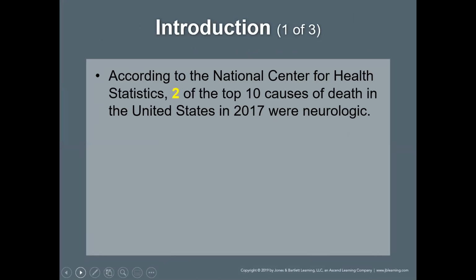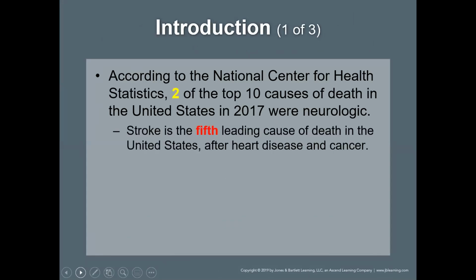According to the National Center for Health Statistics, 2 of the top 10 causes of death in the United States in 2017 were neurologic. Stroke is the fifth leading cause of death in the United States after heart disease, cancer, and COPD.